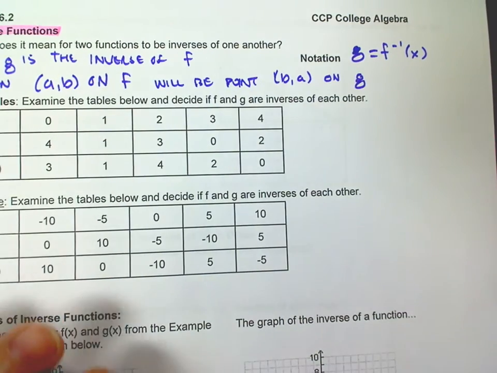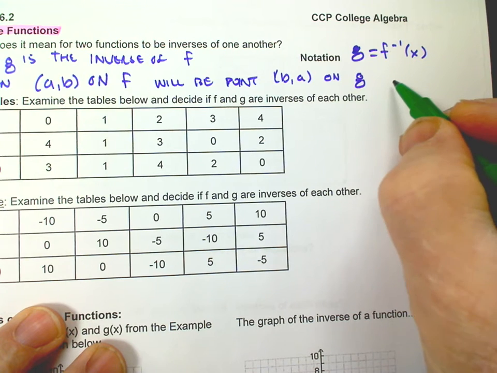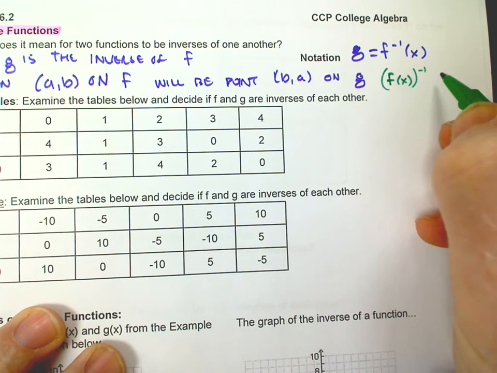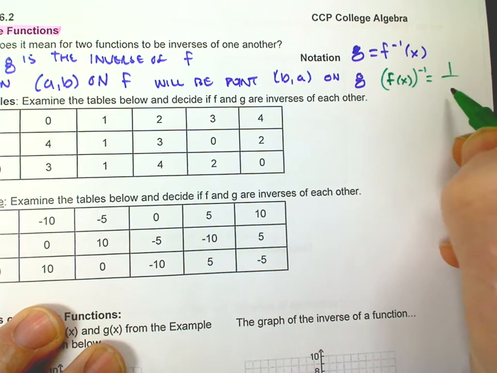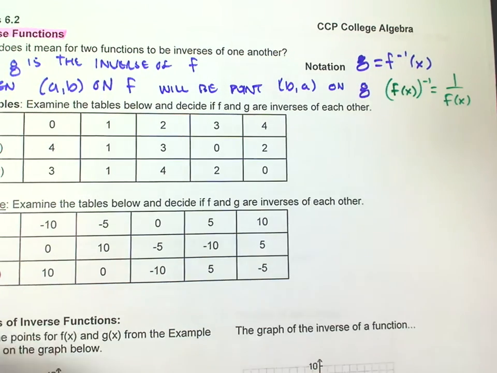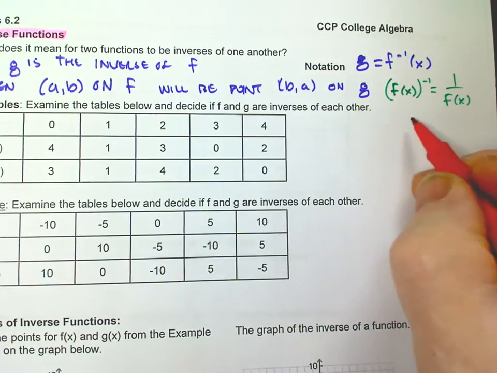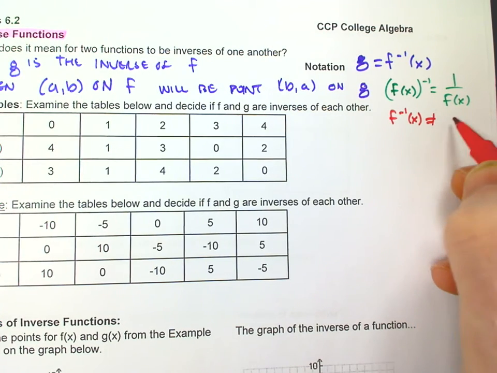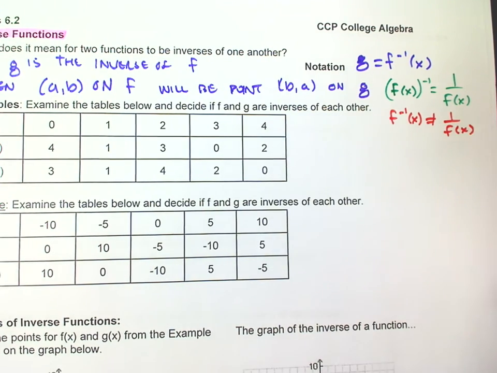Don't get this confused with this. When we have f of x and we do this, then it's 1 over f of x. But in our case here, this is not equal to 1 over x. This is that inverse.